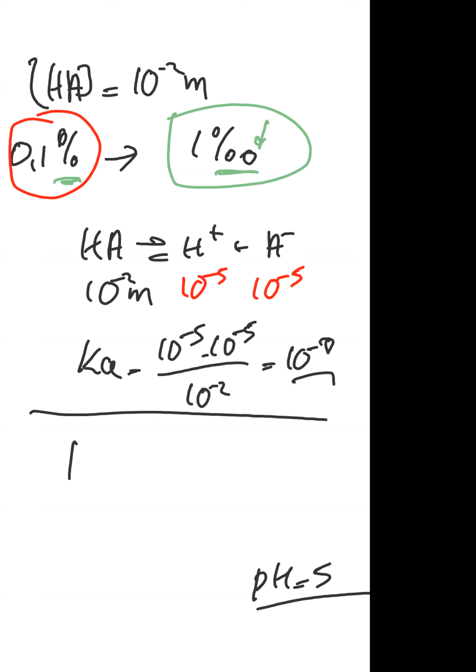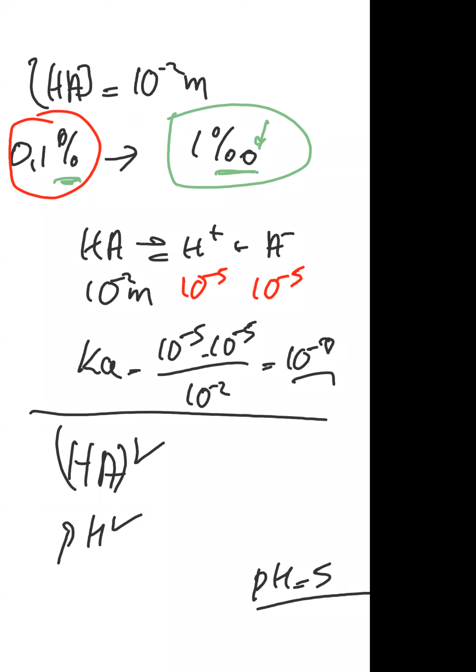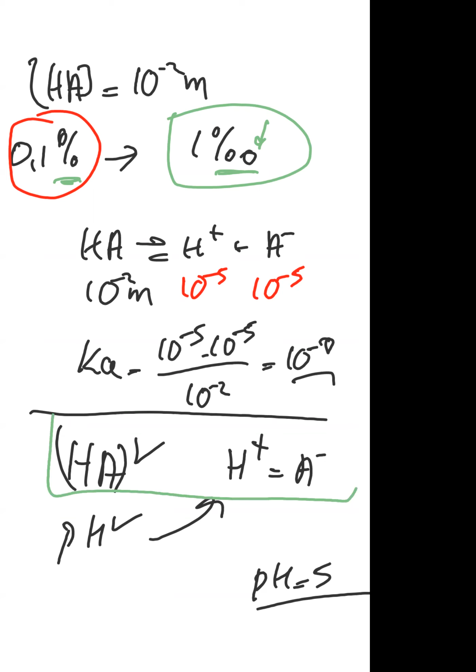They will give you the concentration of HA and, let's say, the pH. The pH will yield the concentration of H+, which is equal to A minus. Then by calculation from those concentrations, you may be able to find the Ka value.